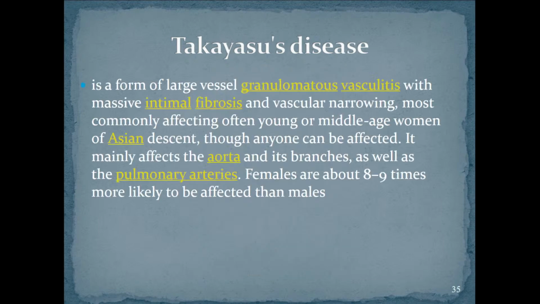It is a form of large vessel granulomatous vasculitis with a massive intimal fibrosis and vascular narrowing, most commonly affecting young or middle-aged women of Asian descent. Though anyone can be affected, it mainly affects the aorta and its branches, as well as the pulmonary arteries. Females are about 8 to 9 times more likely to be affected than males.